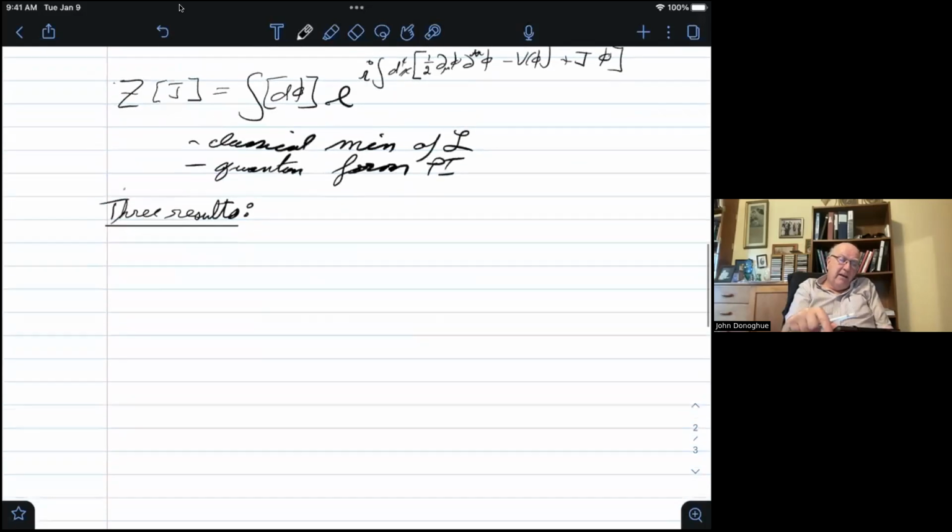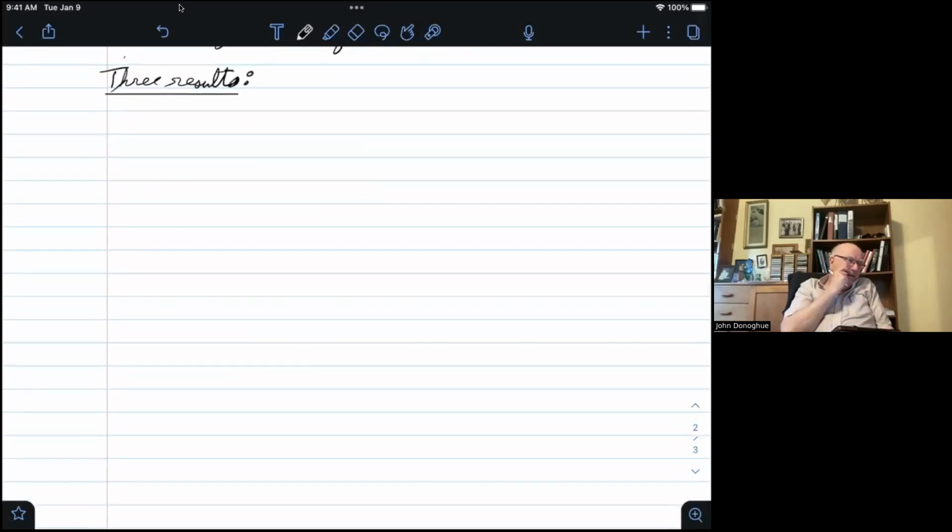So since I don't know everyone's background, I'm going to show you the three results that I do use. At various stages, we're going to do the simplest path integral. The simplest path integral is the Gaussian, which is, if I take Z of J, and I just take the kinetic energy pieces in there.